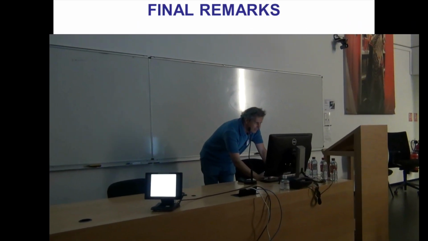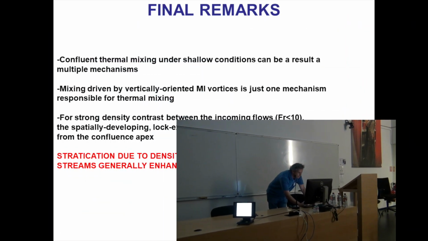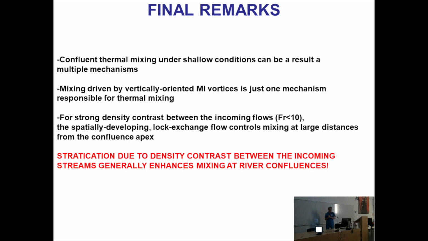So with this, let me go to the conclusions, because obviously I think I already used all my time. The main conclusion here is that the main mechanism for mixing present in cases with negligible temperature differences, or more generally density difference between the two incoming streams, can be very different from the main mixing mechanisms present when stratification effects are important, and typically that happens when the densimetric Froude number is smaller than 10.